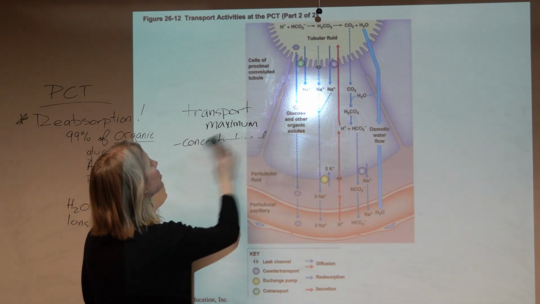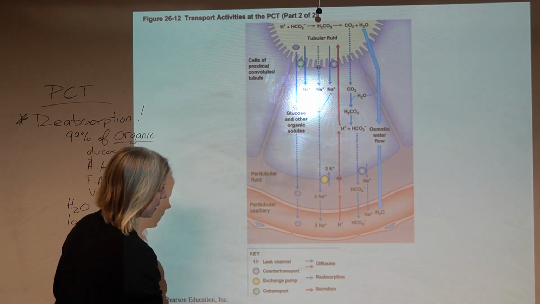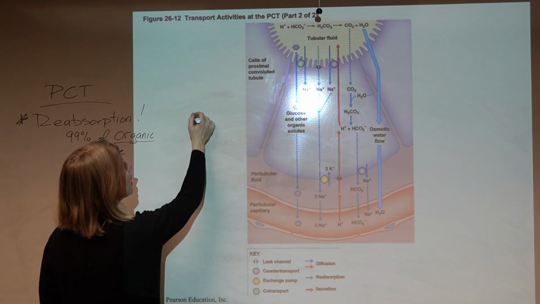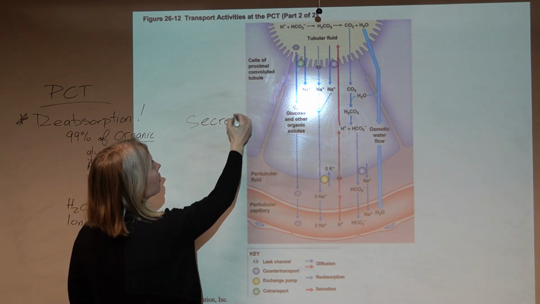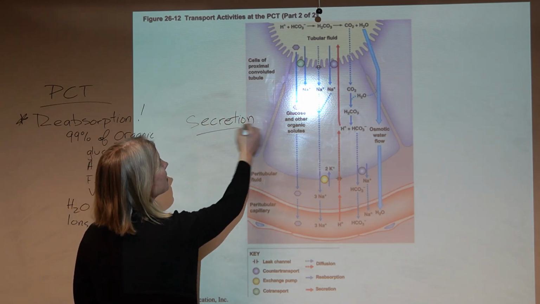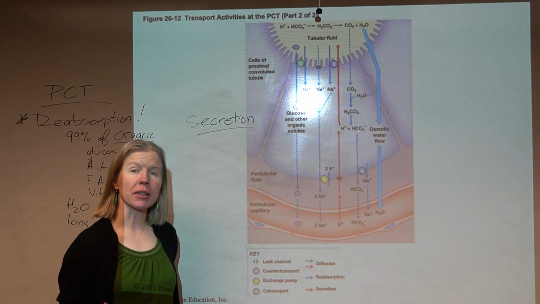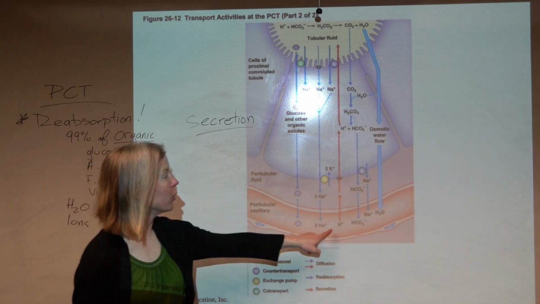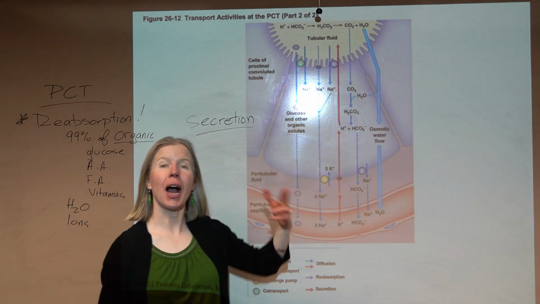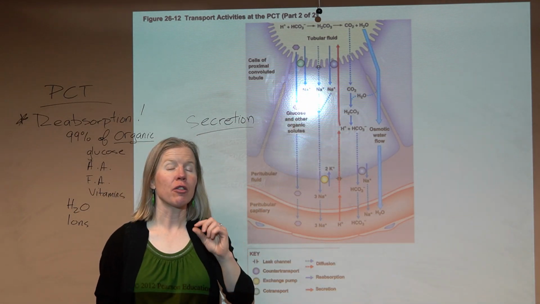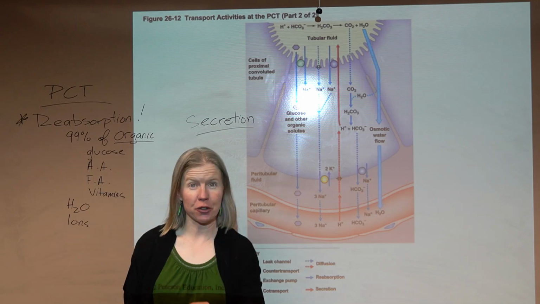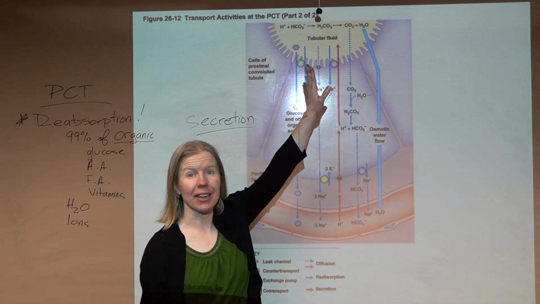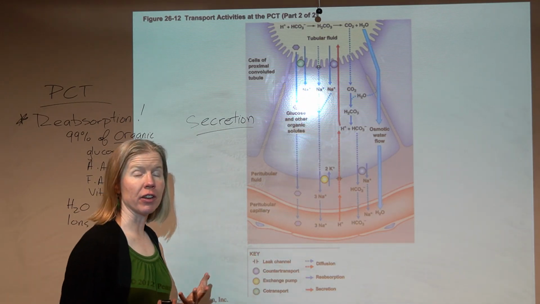Two other things before we leave the PCT. Do keep in mind that while reabsorption is dominant, secretion takes place here as well. In fact, we see it in this picture with the red arrows. In this case, they're showing hydrogen being secreted. Remember, secrete it to excrete it. This is something we're adding to the filtrate to eventually become urine.